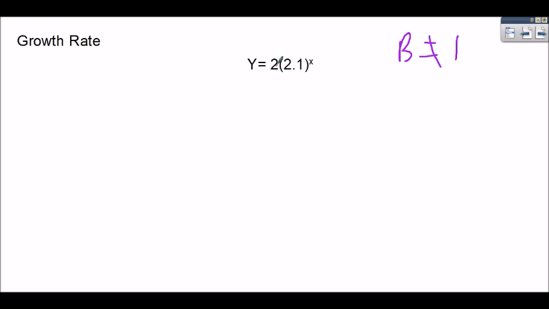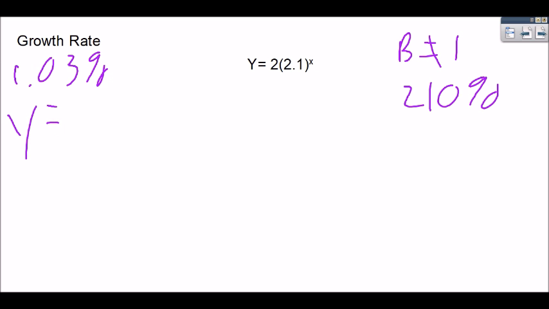Because this number inside the parentheses is actually a percentage. So the percentage that you see here is 210%. So if I said, hey, I want to grow by 3%, that means that I would write it in my equation as y equals 1.03.